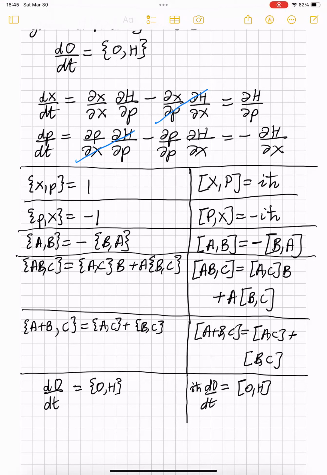And what you see is the classical equation of motion written in terms of Poisson brackets exactly reproduces the Heisenberg equation of motion written in terms of commutators.